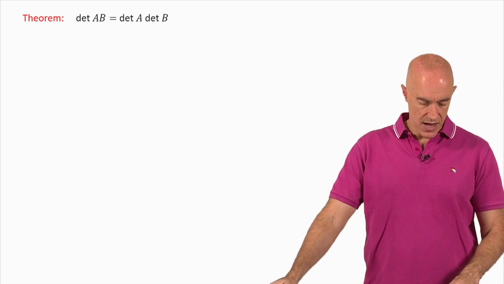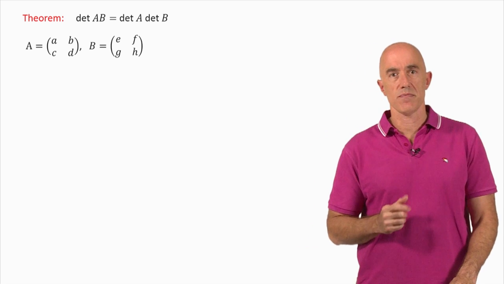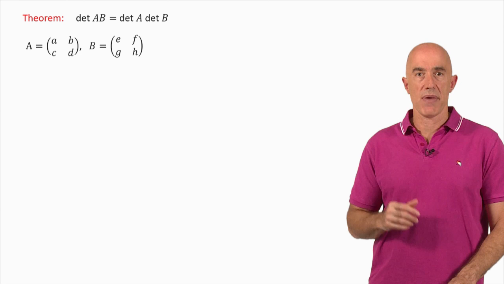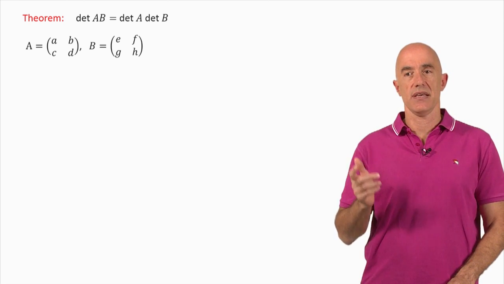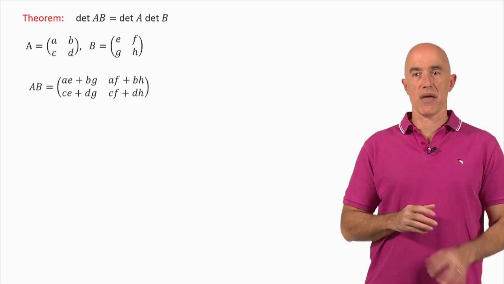So let's see how it works. We introduce two matrices. Matrix A has elements A, B, C, D. And matrix B has elements E, F, G, H. We can take the product of the matrices.